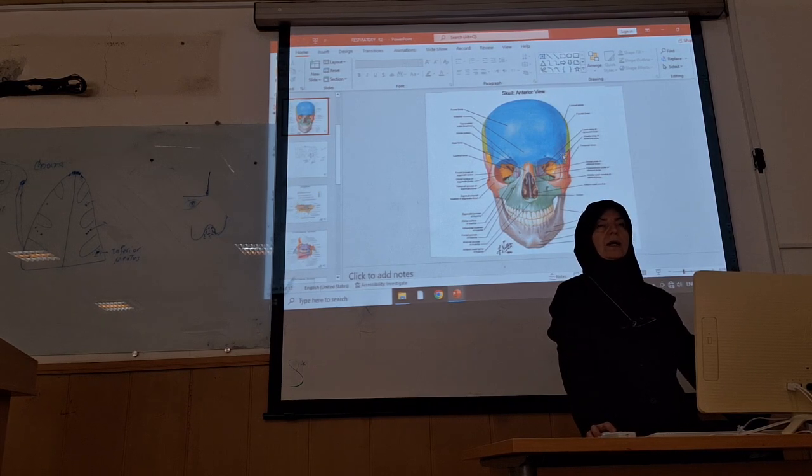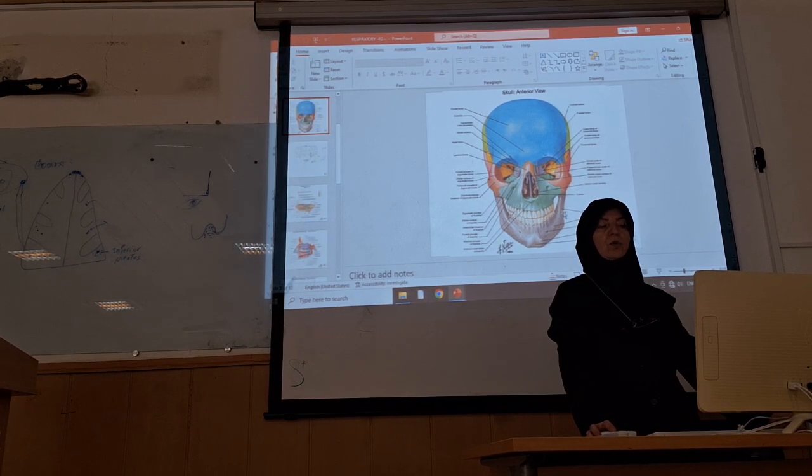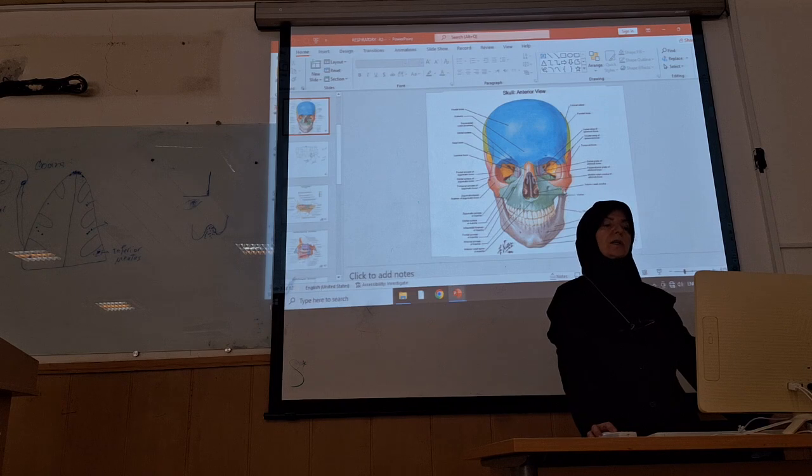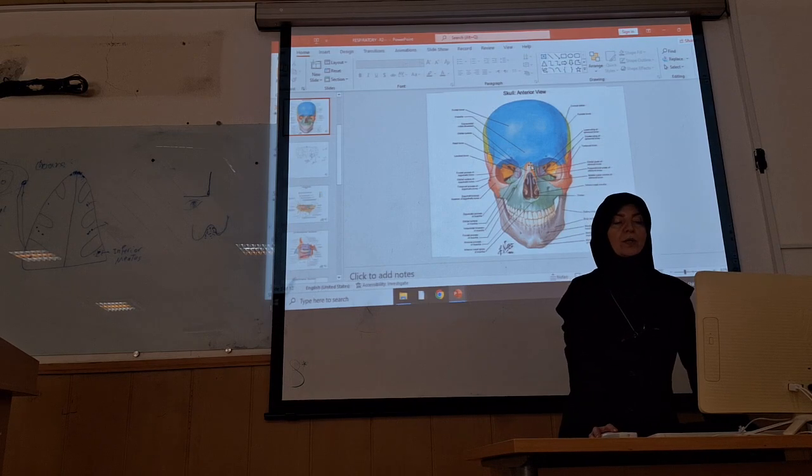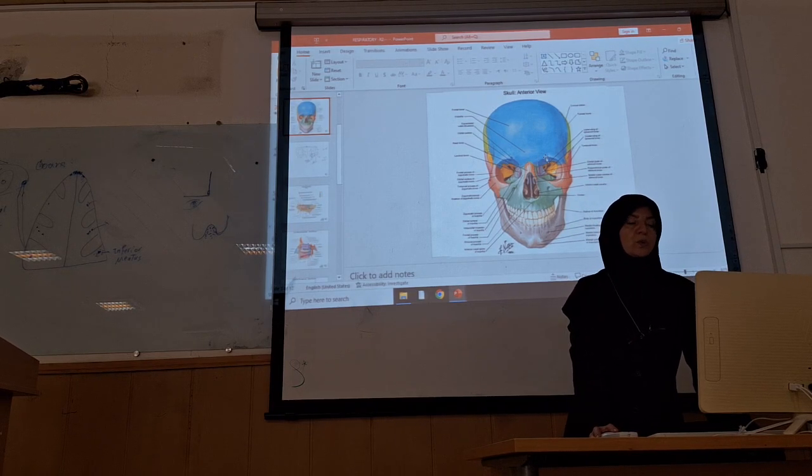The only synovial joint in the skull is the temporomandibular joint. And you know this temporomandibular joint is the synovial joint, so it is a movable joint. The rest of the joints are fixed. They are a kind of fibrous joint that we call the suture.